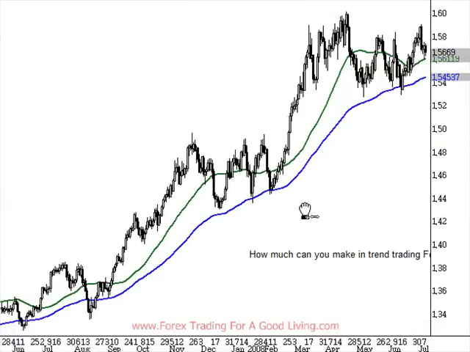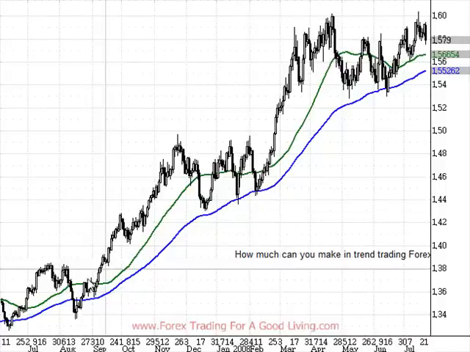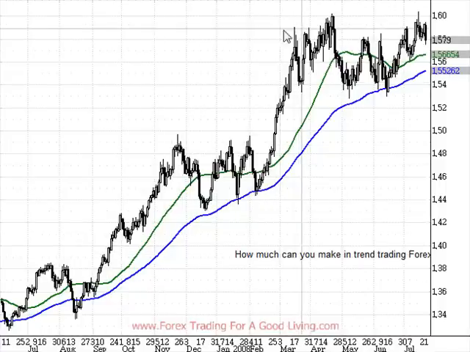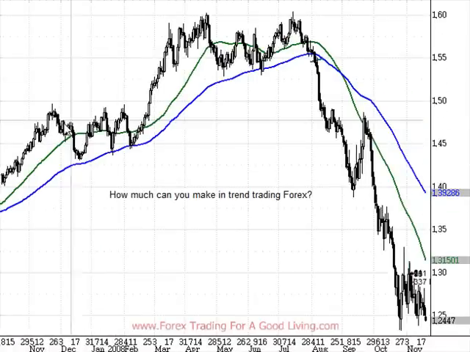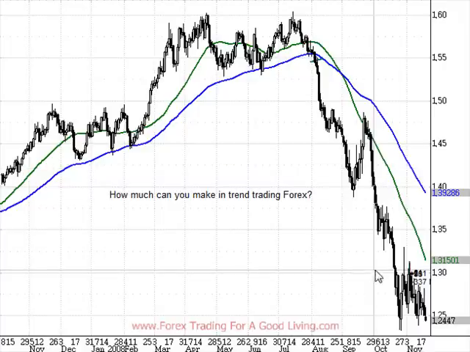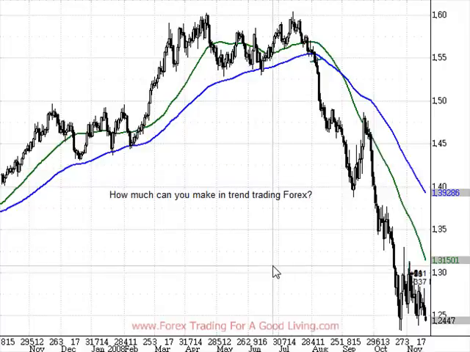This is the euro dollar, and what's a trend? That's a trend, right? These are little swing movements here, and within a trend there are swing movements. Swing movements are 2 to 5 days on average, sometimes 8 or 12 days.